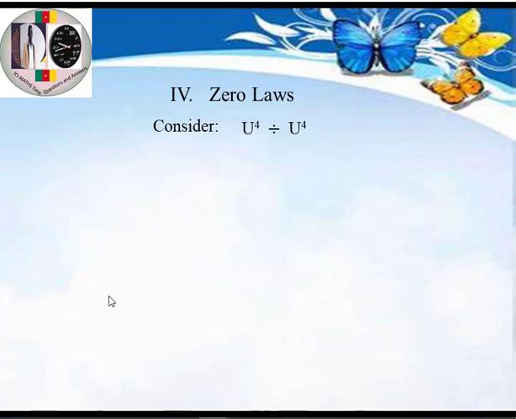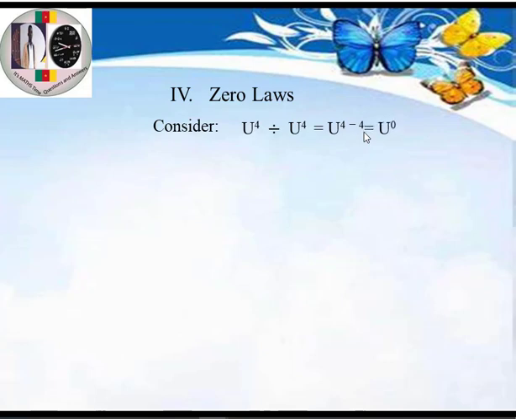This is the same as u times u times u 4 times divided by u times u times u 4 times, or u power 4 minus 4 from the division law of indices that we saw. If we are dividing two index numbers with the same base, we subtract the powers. So u power 4 minus 4, and 4 minus 4 is 0, so we are going to have u power 0.